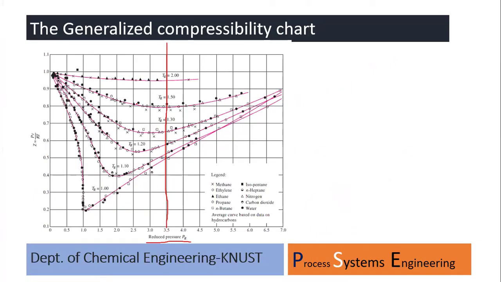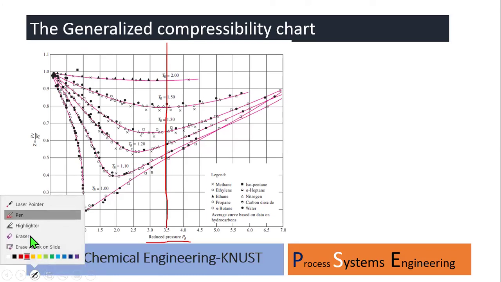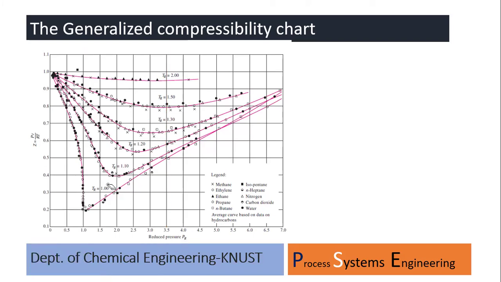So let's say we choose a reduced temperature of 1.2. So where that 3.5 line meets the 1.2 curve, we can trace it to the y-axis and then read the Z. We are calling it reduced because we are comparing it to something. So we are not working with the actual pressure of the system or the actual temperature of the system, but we are comparing it relative to its critical pressure and its critical temperature.